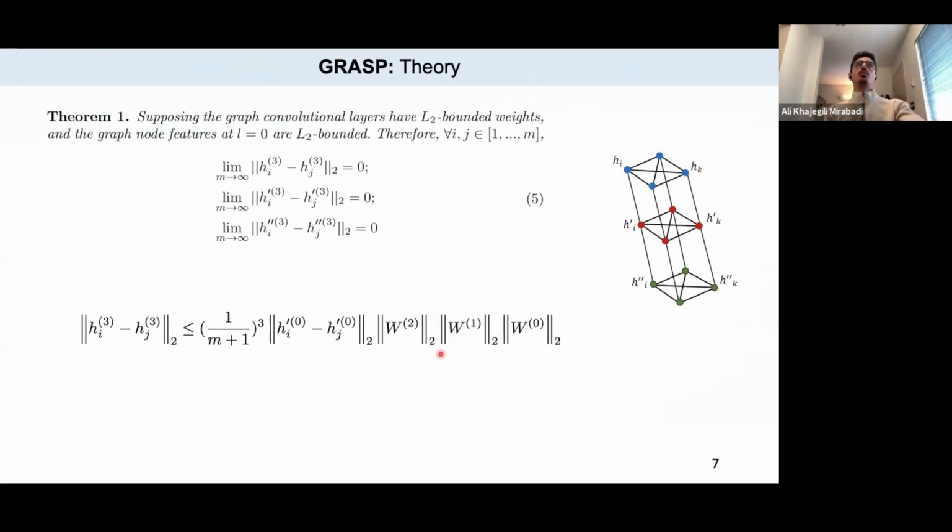No. The theorem is because of the way that we form the GCN layers. We have a proof for the theorem. It's in the supplement, but it's still not public. I will make it public. But the architecture of the graph and the way that these nodes summarize are important.